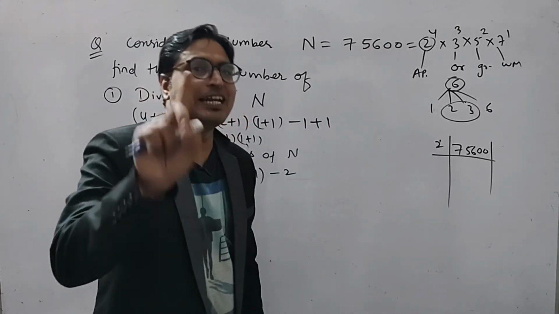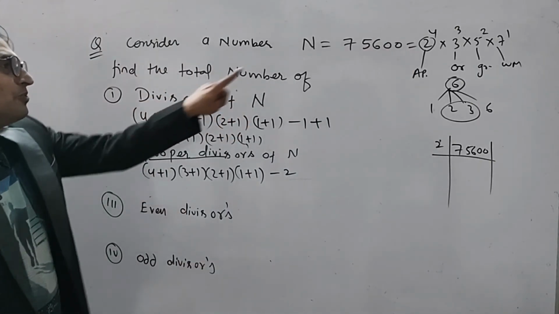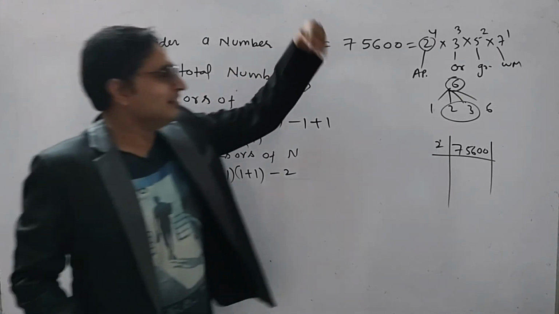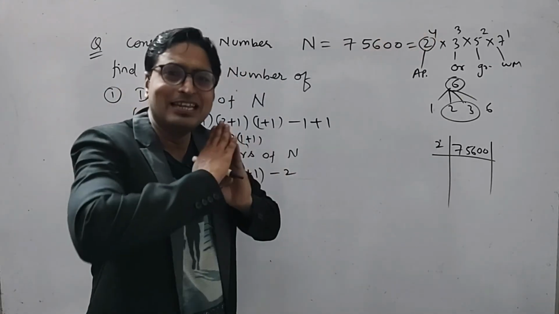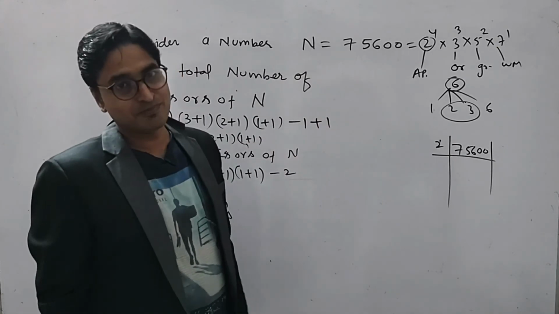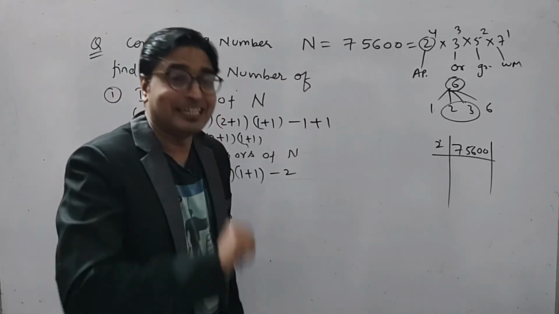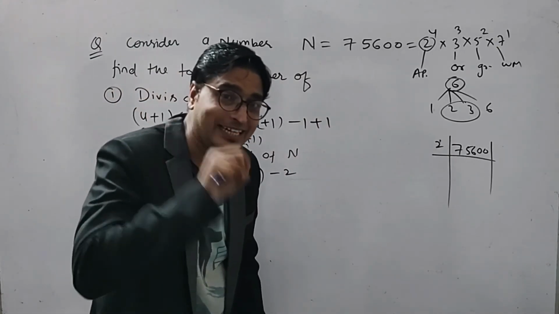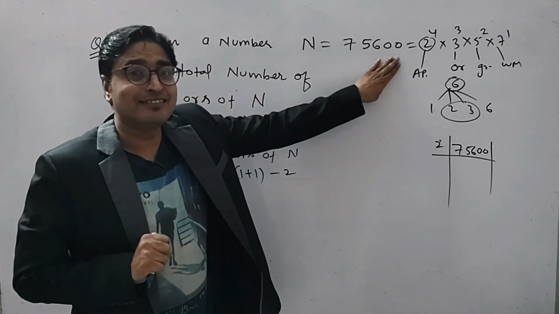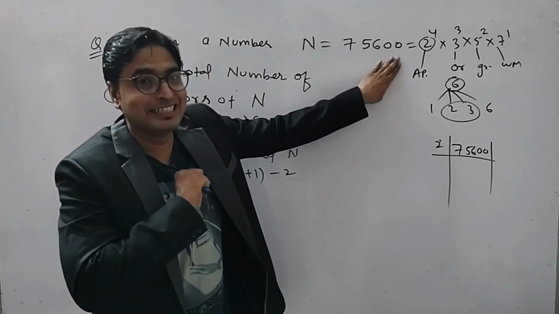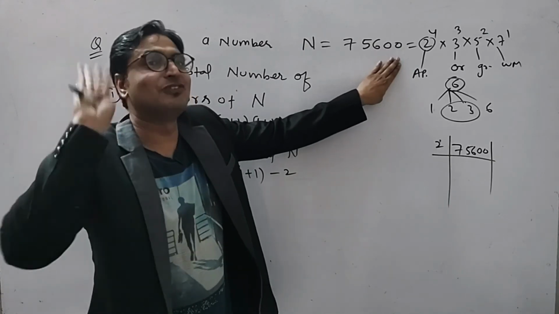So you have to subtract 1 from the cases of 2, because we will reject the case in which we reject all the 2's. Because we have to select at least one 2, we will find the even divisors with 2 only. If 2 is there, then divisors will be even.